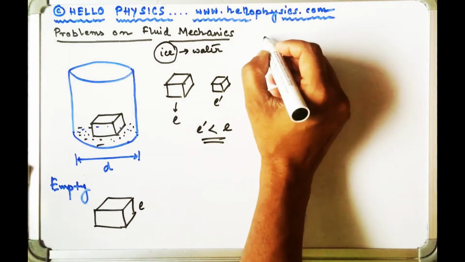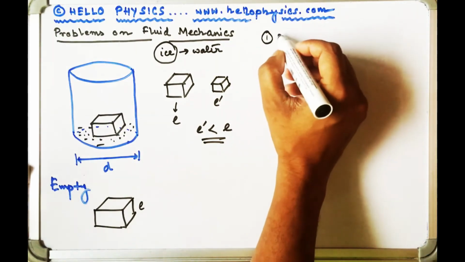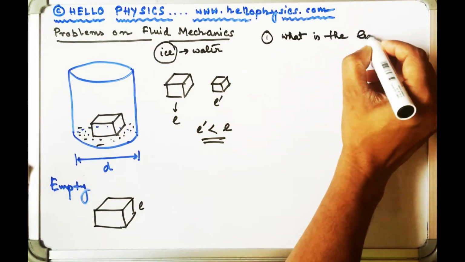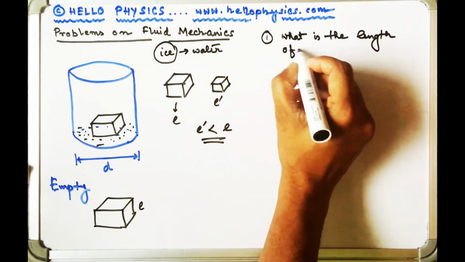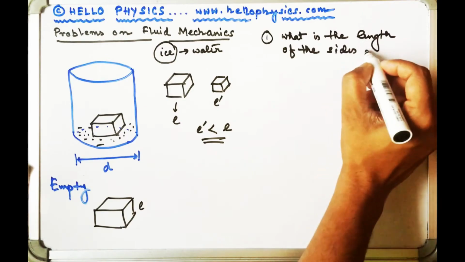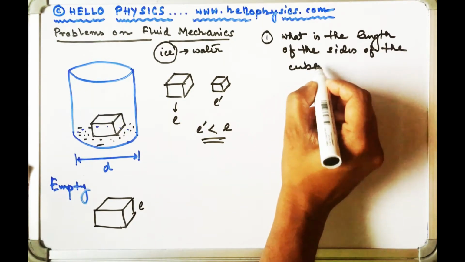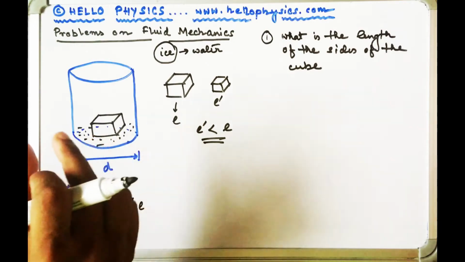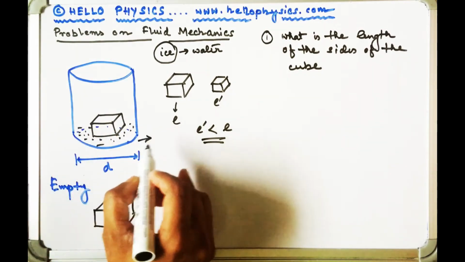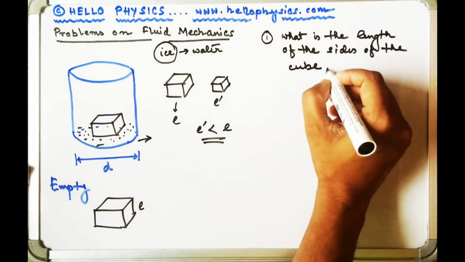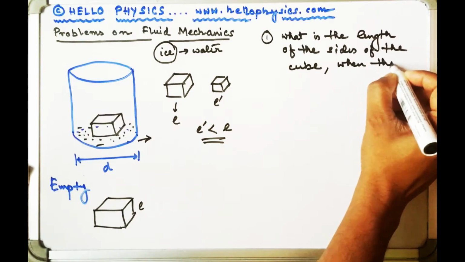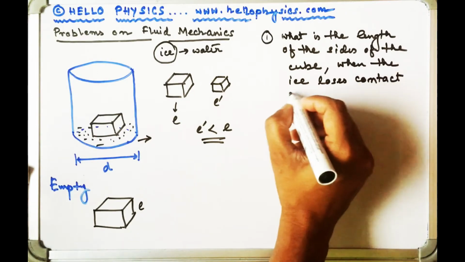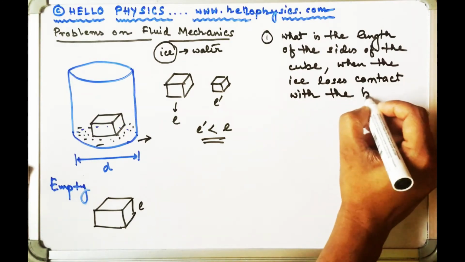What the problem states is, number one, you have to find out what is the length of the sides of the ice cube when the ice loses contact with the bottom surface.